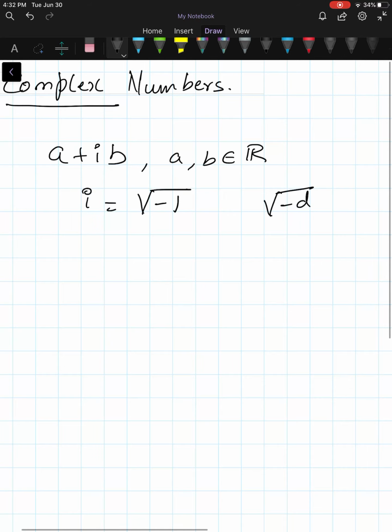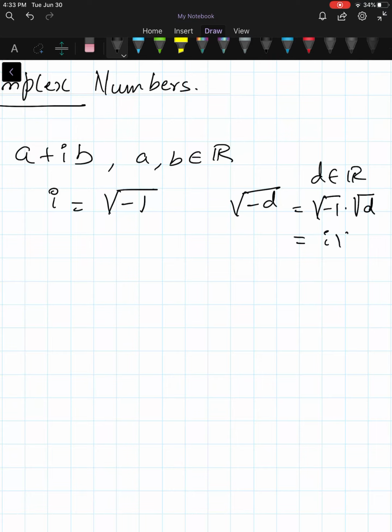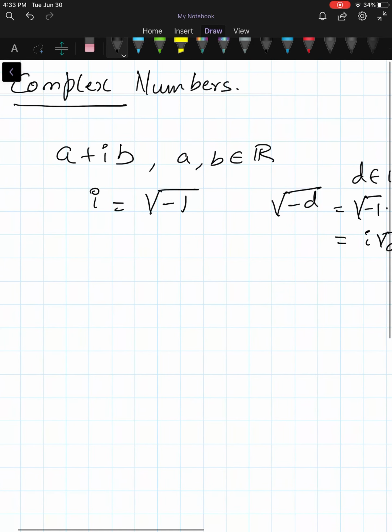Suppose you have the square root of -d, where d belongs to R. This can be expressed as the square root of -1 times d, using the square root properties. So this is nothing but i times the square root of d. So these are all the complex numbers.